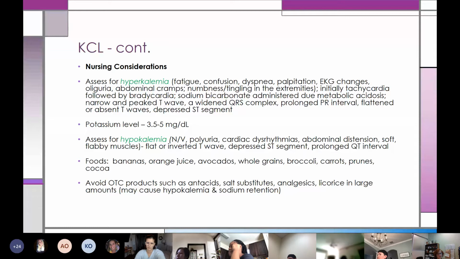And we tend to use large bore needles when we are using this as an IV because it can cause terrible necrosis if it leaks out. And these are just some labs and things that you want to monitor if you are giving potassium. Here's a few, yeah, that's it.